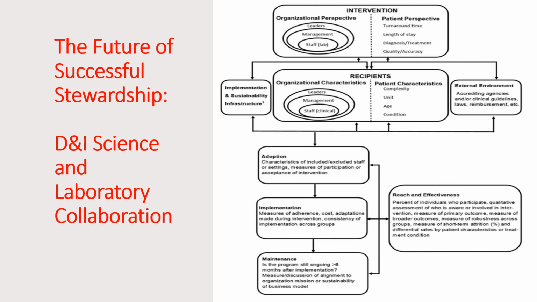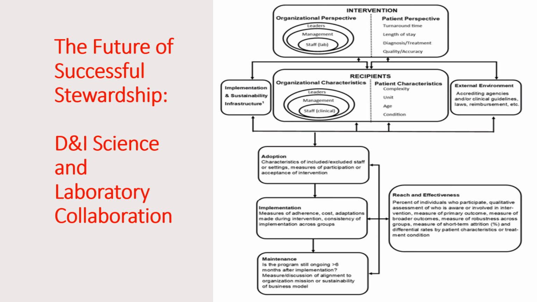So let us summarize with the chart given on the slide, which depicts the future of successful stewardship, where there is a dissemination and intervention science and laboratory collaboration concept. We see the interventions from the organization perspective, which includes the perspective from leaders, management, and staff, while the patient perspective includes the turnaround time or length of stay, diagnosis, and quality of the test.